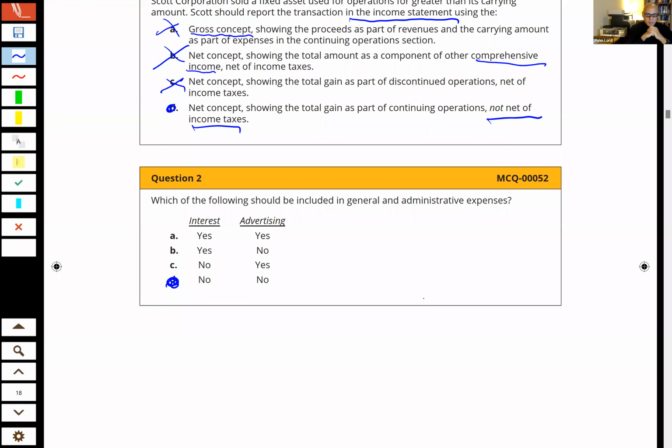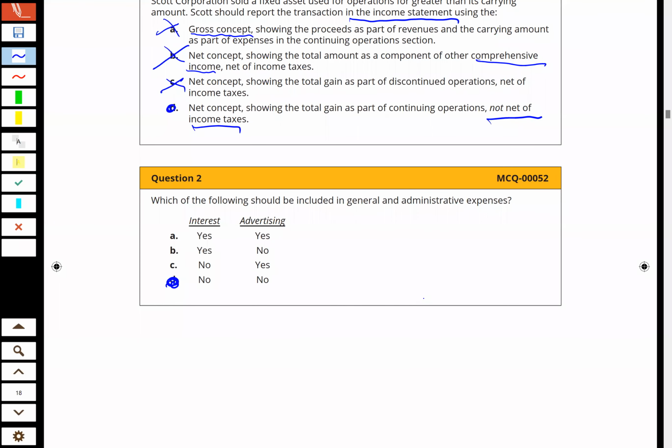You asked specifically about A. I picked C because I didn't thoroughly read the question. Okay. Any A people? For the interest, sometimes I got mixed up, because sometimes I saw the interest was coded into the G&A and sometimes it wasn't.